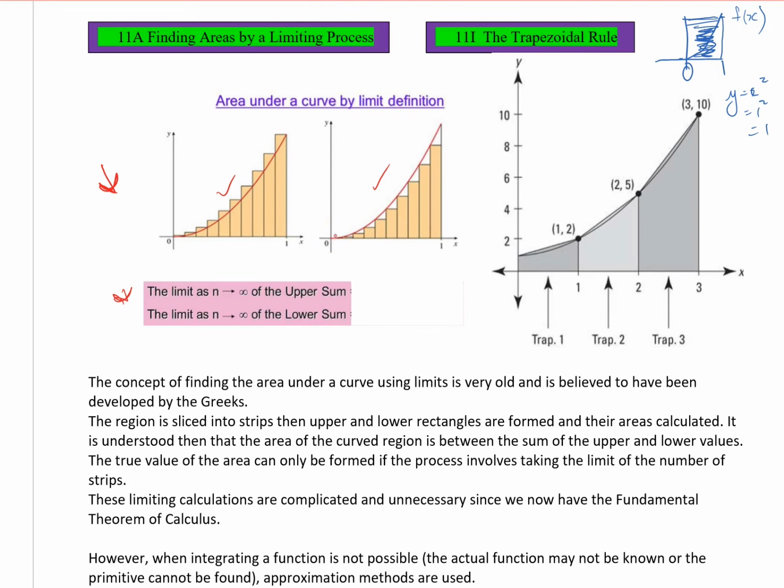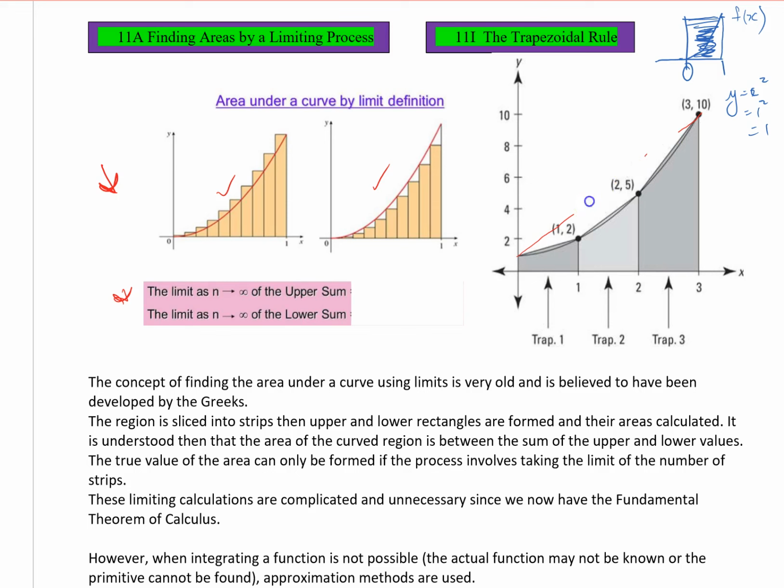Okay, well, just like they could see that rectangles gave them some sort of value for the area under the curve, a better shape might be a trapezium. So now you can see the trapezium being constructed. If we wanted the area under this curve from 0 to 3, yes, you could take one trapezium, but that's not very accurate. Look at all that excess area that would be included in your calculation.